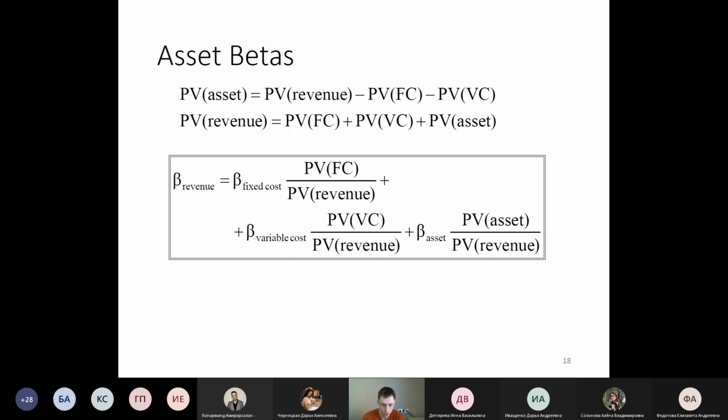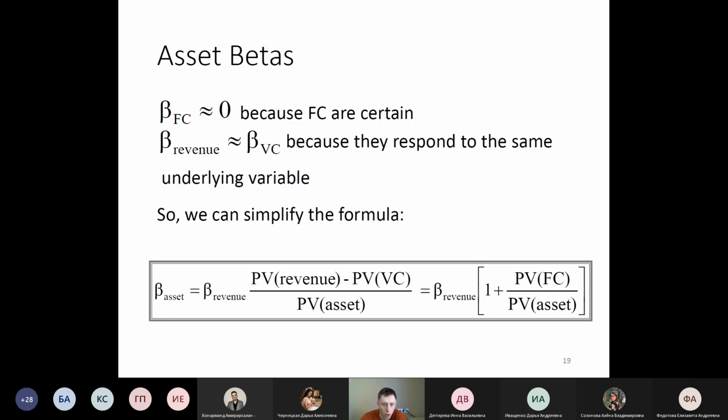With the beta coefficients, we can also decompose the beta of the revenue, the beta of the fixed cost, and the variable cost of the assets, in order to illustrate the dependency of the risks on the fixed cost.